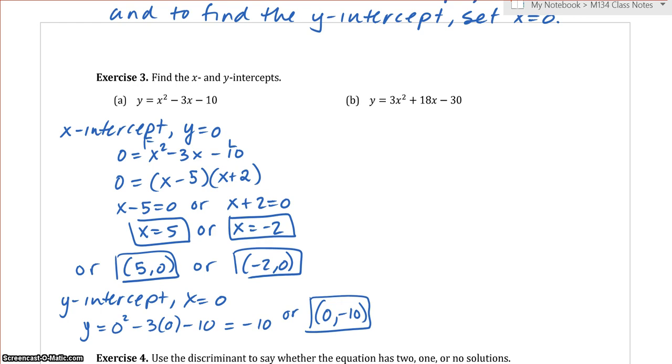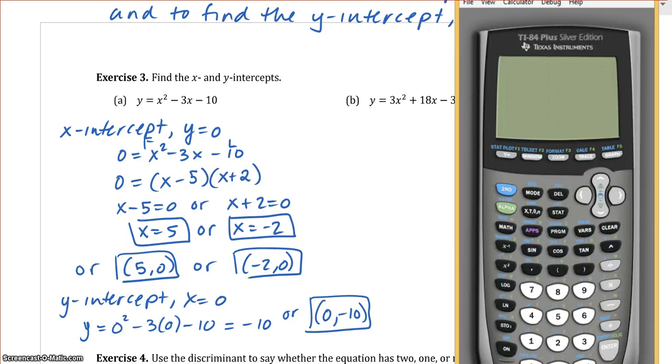If you graph this on your calculator, let's see if we get these points. Let's bring up the calculator. I'm going to type in y equals, if you remember that's how we graph, I'm going to type in our equation, x squared minus 3x minus 10.